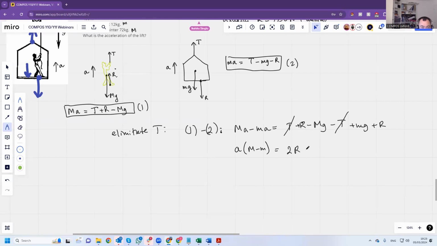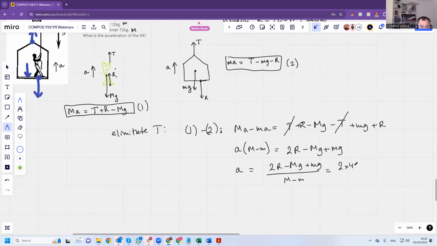Equal to 2R minus MG plus mg. So acceleration is (2R minus MG plus mg) over (M minus m). And now we can substitute.